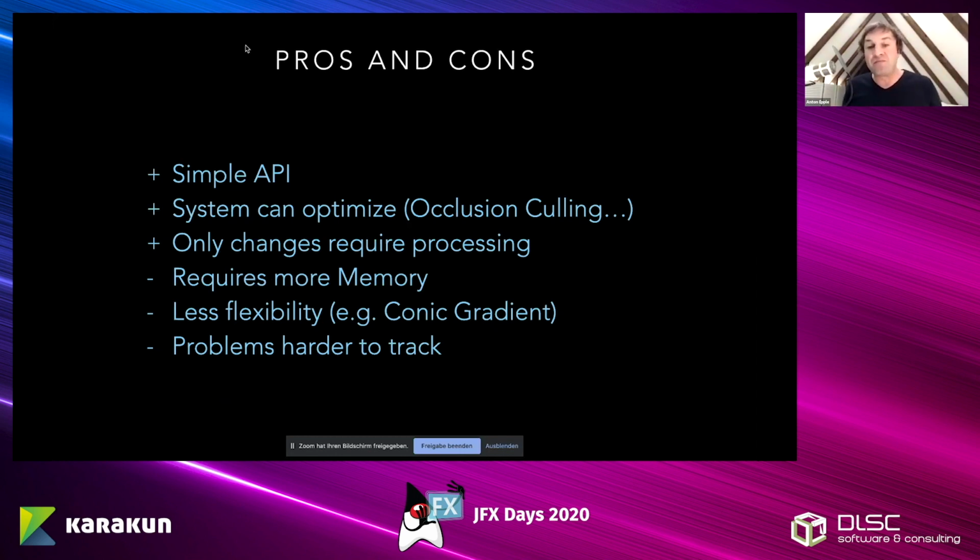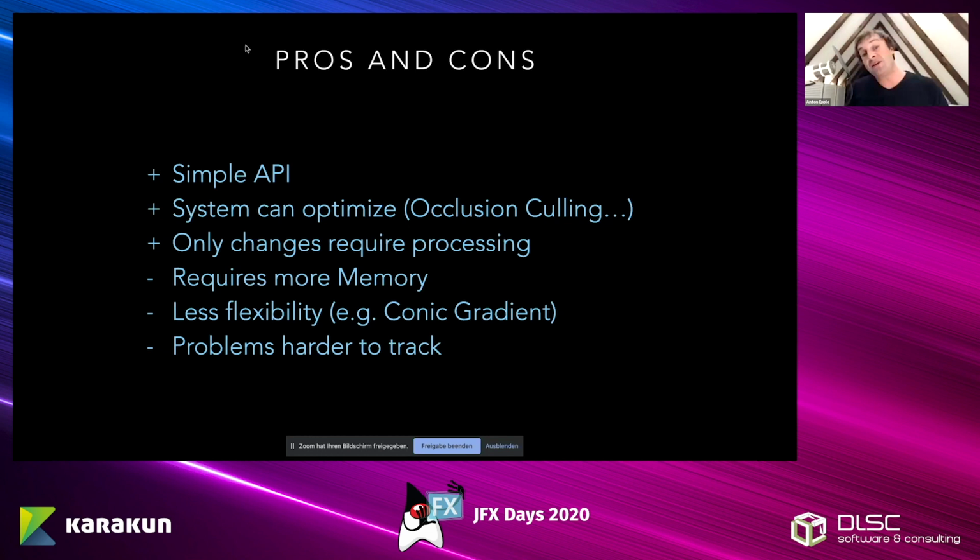And depending on the skills of the developers of this scene graph API, this can be quite fast. It only requires to process changes. You make a change to a property, then the system knows, okay, we probably need to inspect the scene graph to see if we need to re-render something. So that's also really nice.